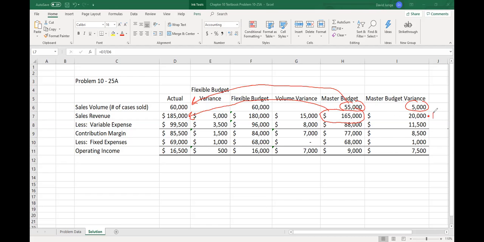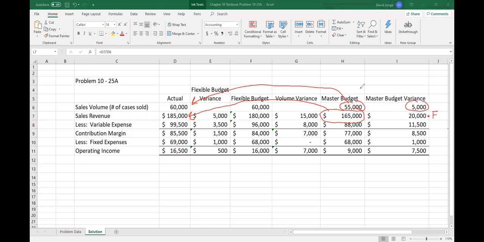And of course, you would say favorable. But let me just stop on this point because I want to try to tie this together. Again, this is your static master budget that you compared to the actual. If we have more sales units, we know it's favorable. Master said 165, actual is 185. That's a $20,000 difference. You're saying favorable.